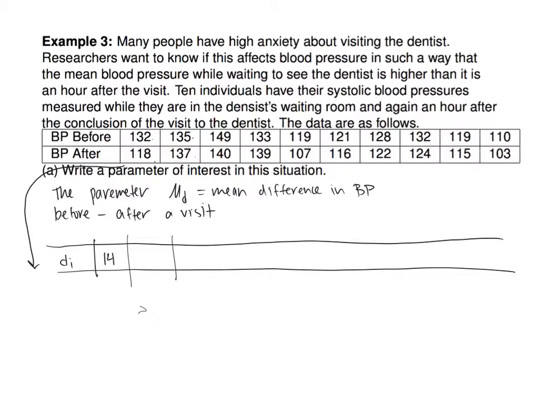What's 135 minus 137? 149 minus 140? Okay. 133 minus 139? 119, 107, 12, and then 5, 6, 8, okay, 4, and 7. Okay, most of those are positive, right? Okay.